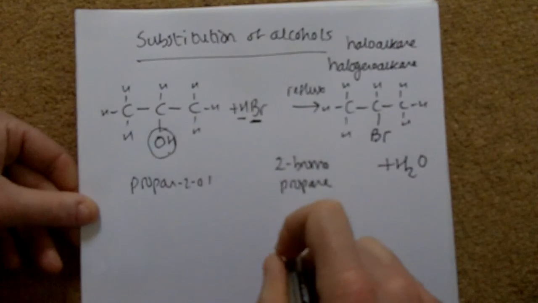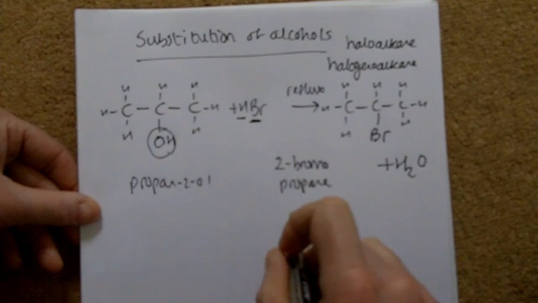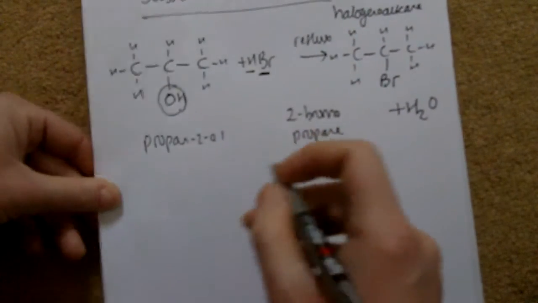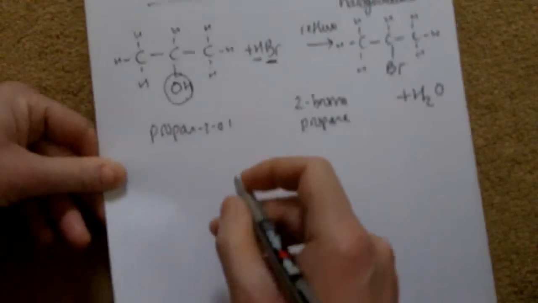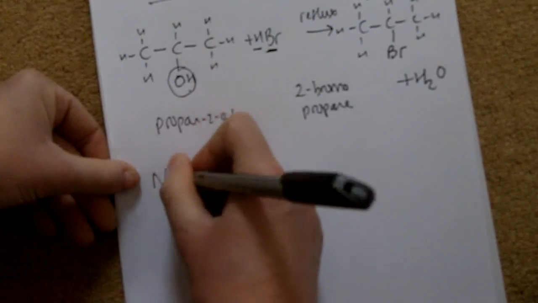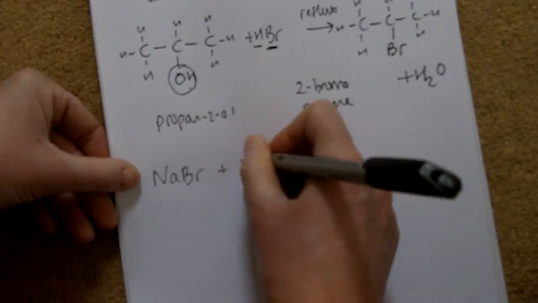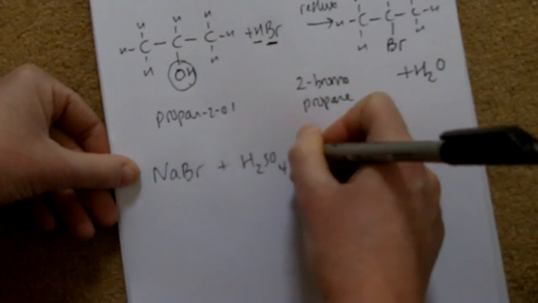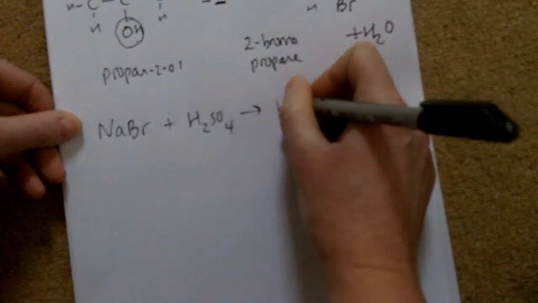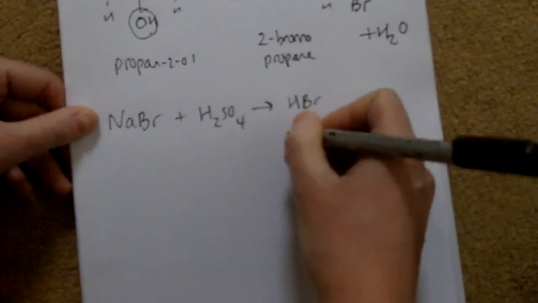But that's not actually what happens, because when you practically do this, the first thing you do is you heat together sodium bromide and sulfuric acid, and that makes HBr in situ.